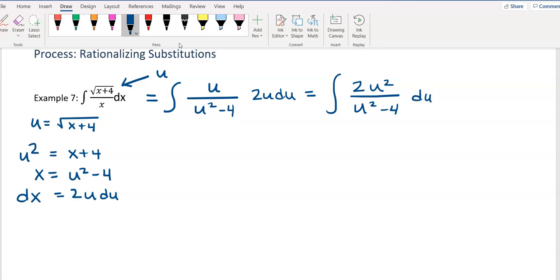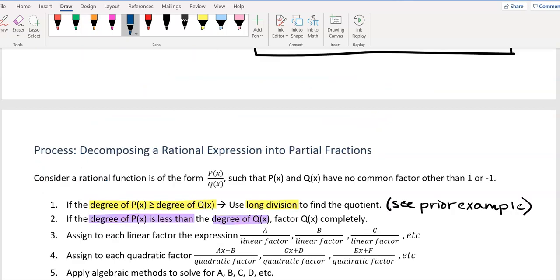Now, if you recall back in the prior sections, when we were talking about ways to deal with rational functions, because now we have a rational function, we have this lovely polynomial on top over a polynomial on the bottom. It said, if the degree of p of x, which is in your numerator, is greater than or equal to the degree of the denominator, you should use long division. So that's what we're going to do here. We're going to use long division to help us deal with this polynomial.